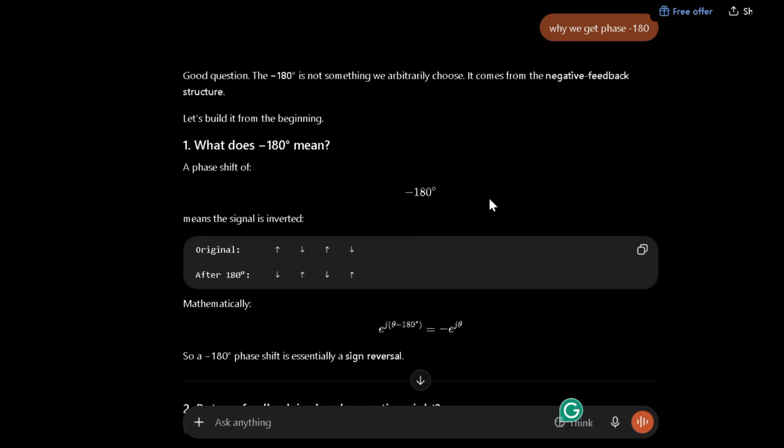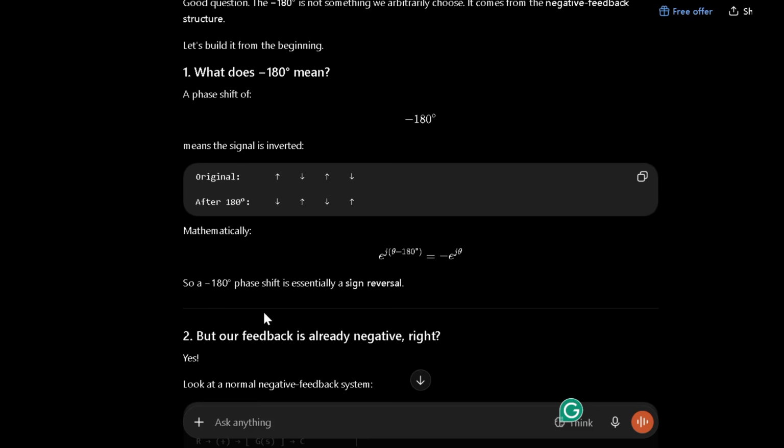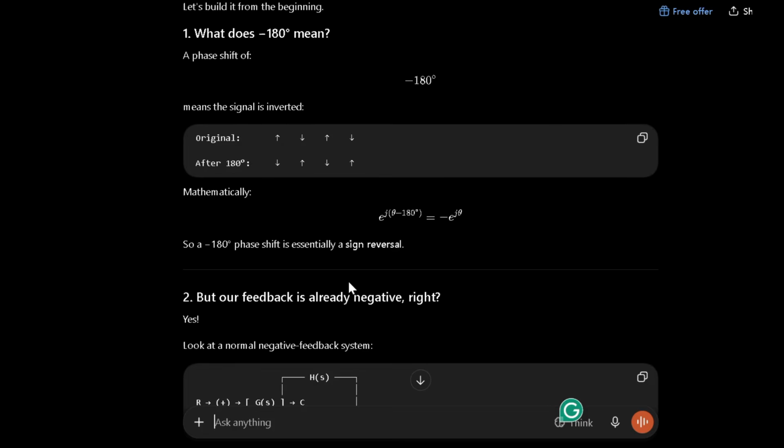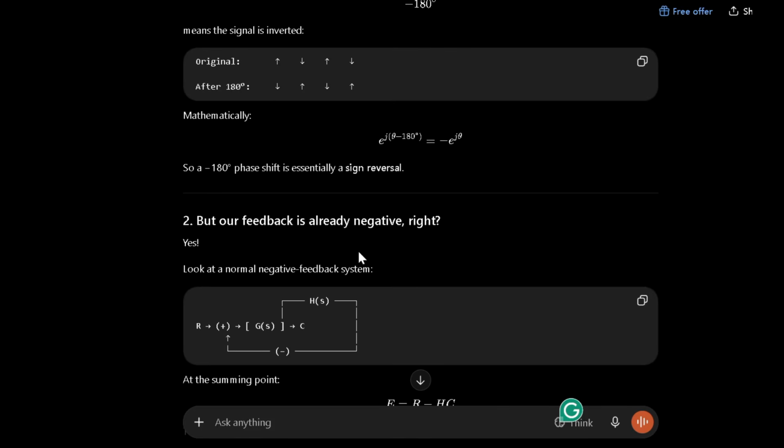Originally we send this, and after 180 degrees the signal is inverted. Mathematically, by Euler's formula, e to the j(theta minus 180) equals minus e to the j theta. So a minus 180 phase shift is essentially a sign reversal, but our feedback is already negative, right? This is negative feedback, right? That's why it reverses the whole, and that's why we get minus 180.